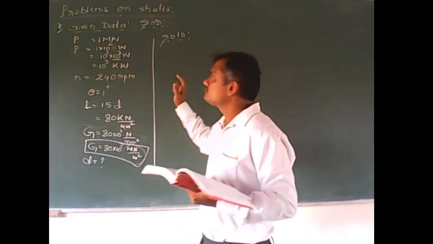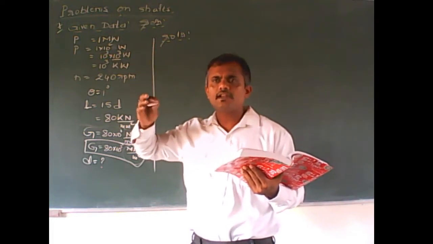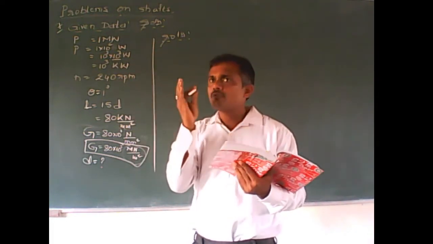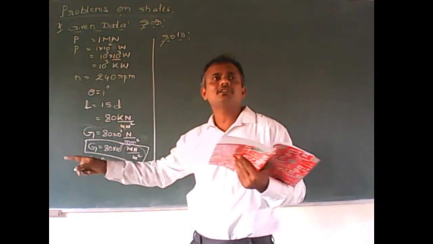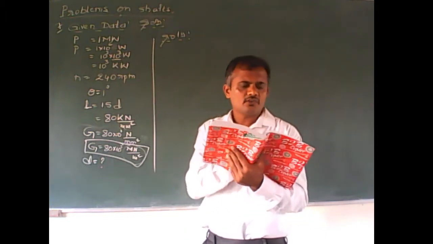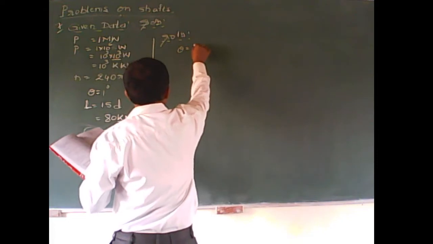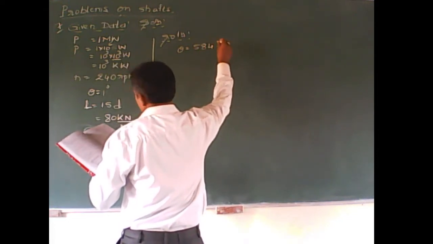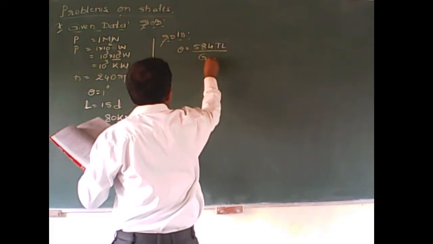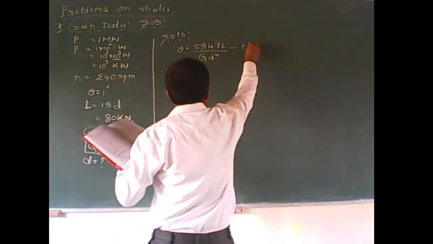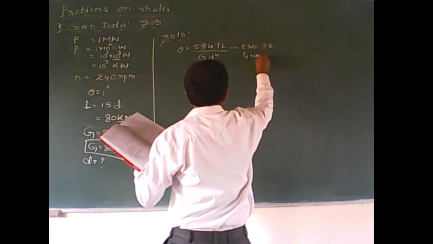Okay, so please concentrate. As you know, we have to calculate the value of a diameter D, right? So if you want to calculate D, as theta, L and G are given, which equation can we use? Equation number 3.2 you can refer, that is theta is equal to 584 TL upon G D raised to 4, equation number 3.2, and the page number is 50.